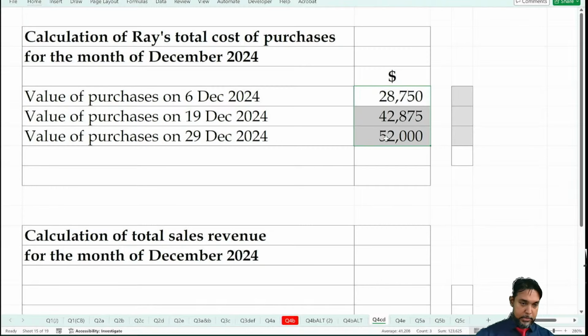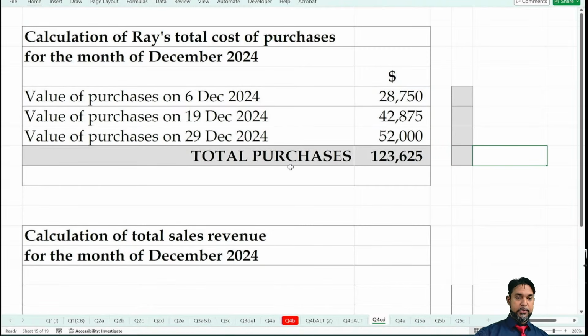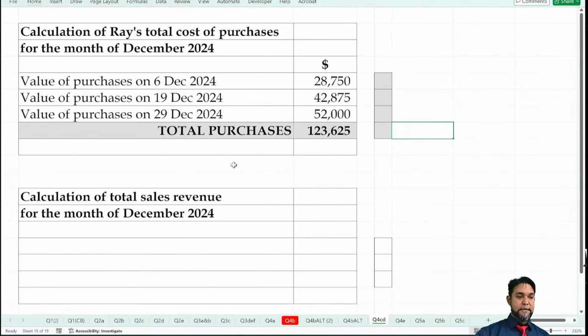Right. So let's add those up. So total purchases 123,625.